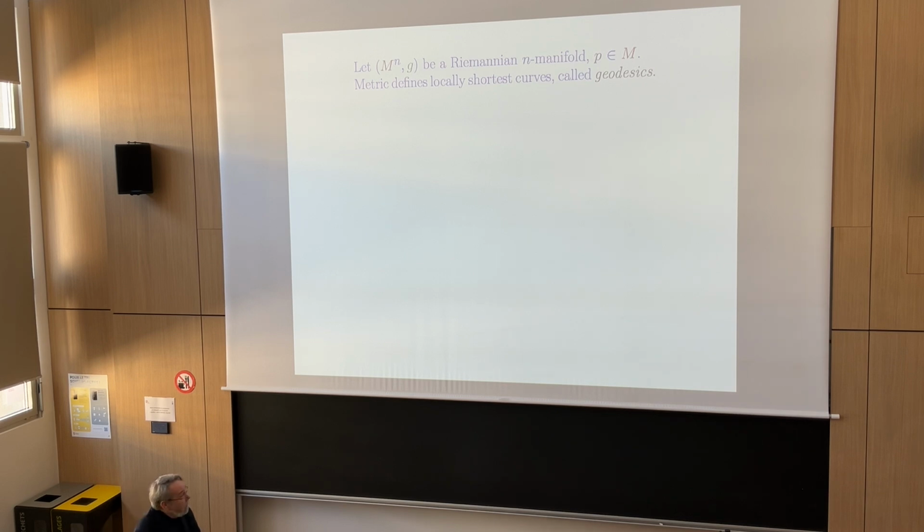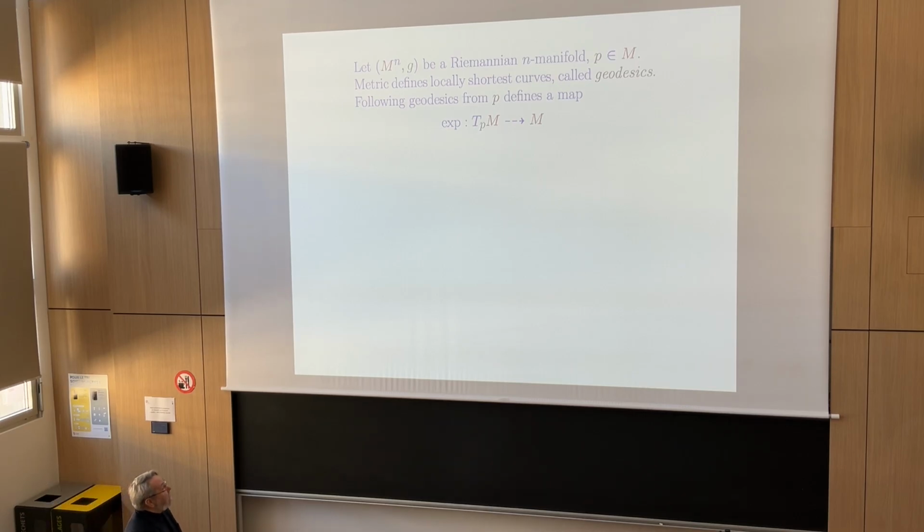the metric singles out a class of preferred curves called geodesics, which are locally the length minimizing curves in the manifold. And there is an associated map from the tangent space of your manifold at the base point P to the manifold.